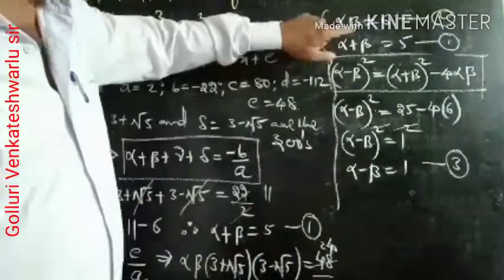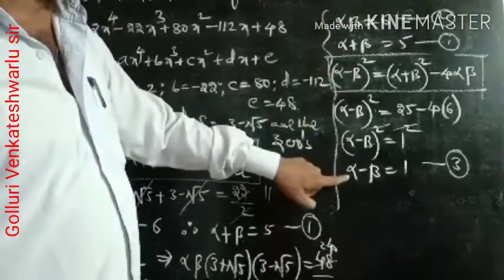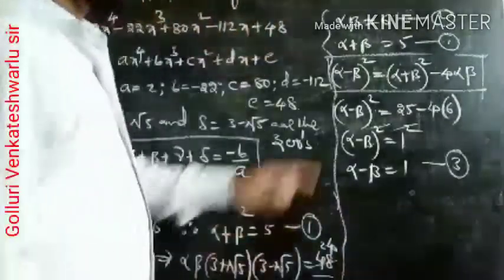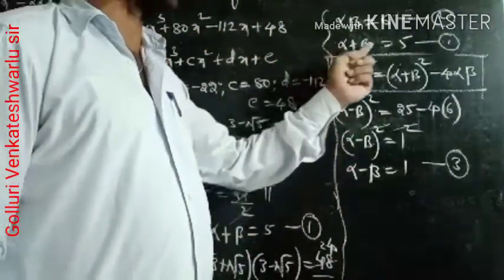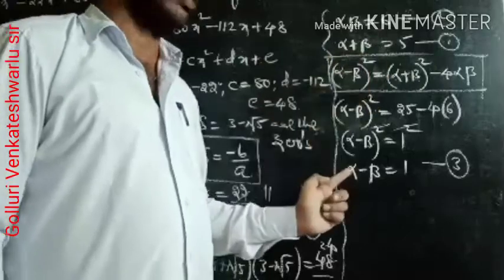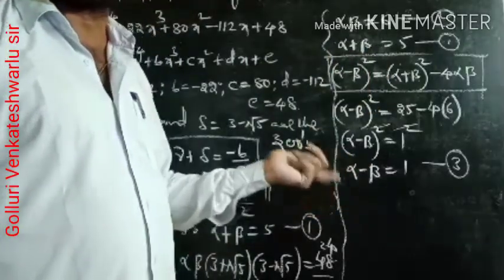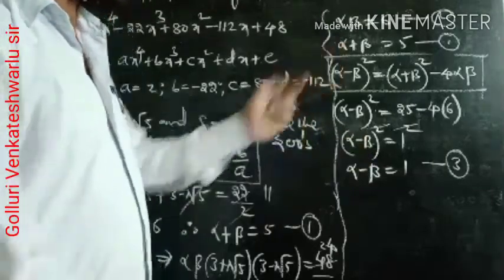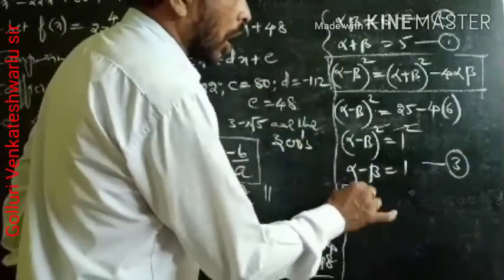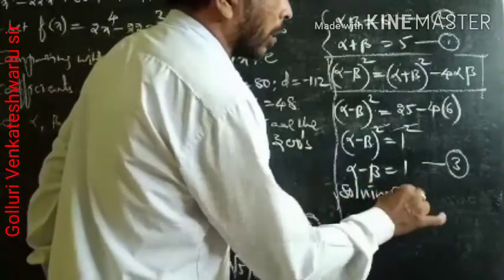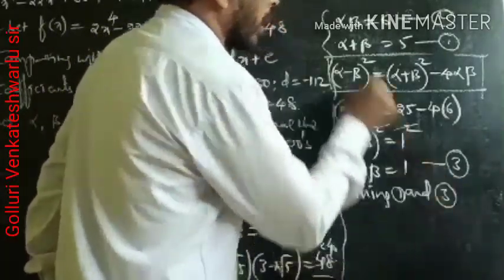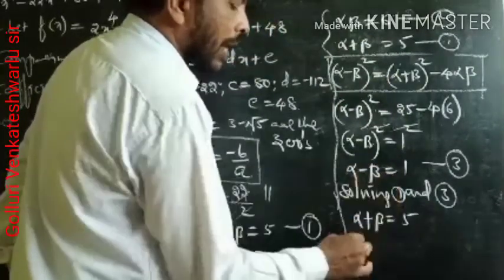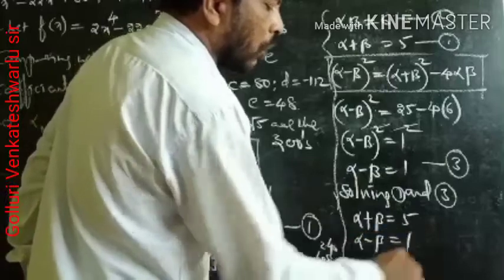Solving 1 and 3. Here we have two linear equations in two variables, one variable alpha and another variable beta. By solving 1 and 3, look here: alpha plus beta value is 5, and alpha minus beta value is 1.